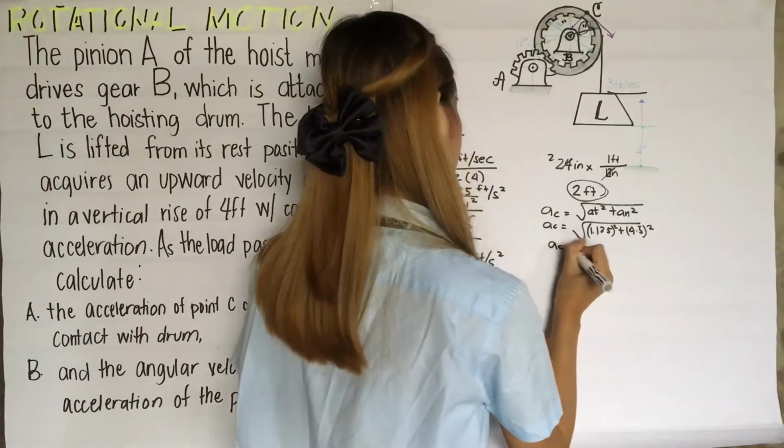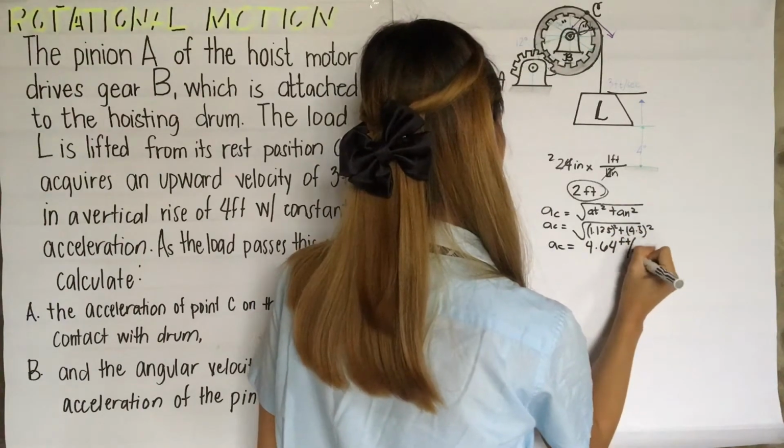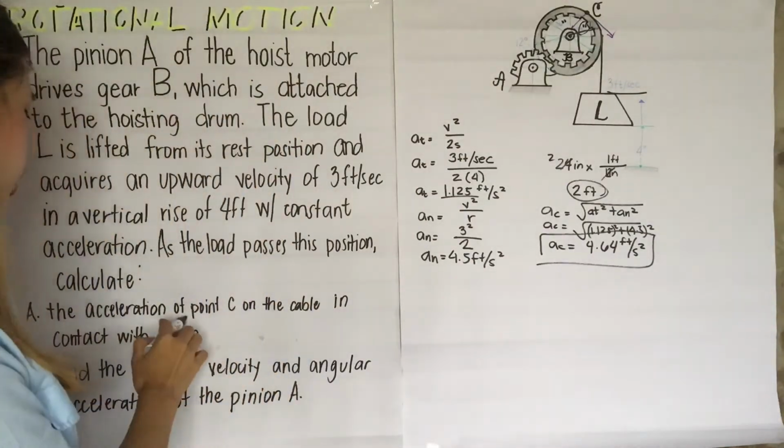So, our A_C is 4.64 feet per second squared. And that is our acceleration of point C.